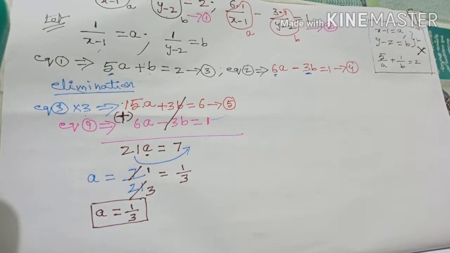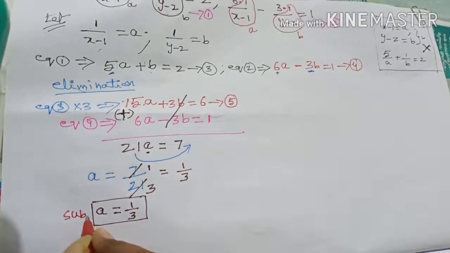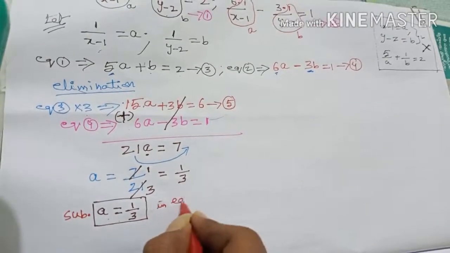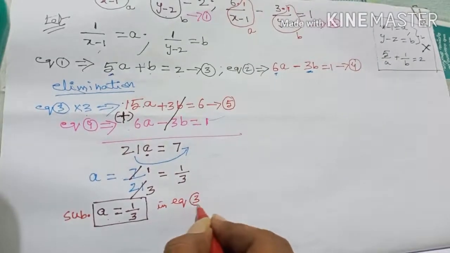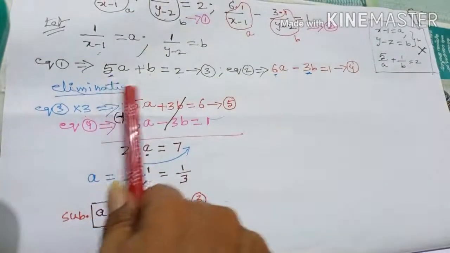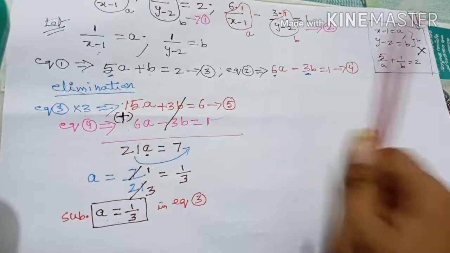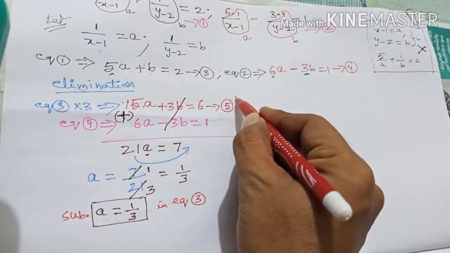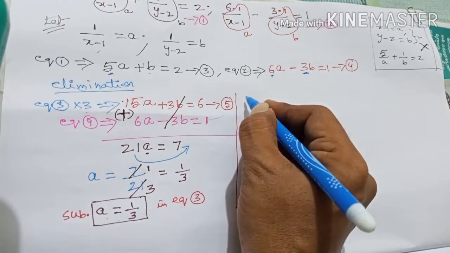Therefore, I have to opt for the substitution method. That means now I would like to substitute a is equal to 1 by 3 in equation 3 or 4, but I opt for equation 3 because in equation 3 I find lesser coefficients than in the other. Okay, it makes it easy to calculate. I will choose equation 3. What is equation 3?